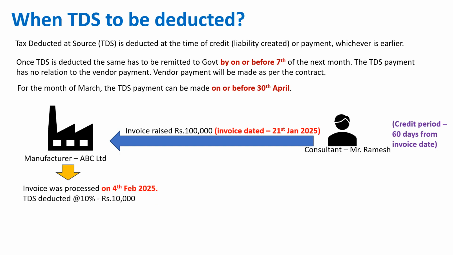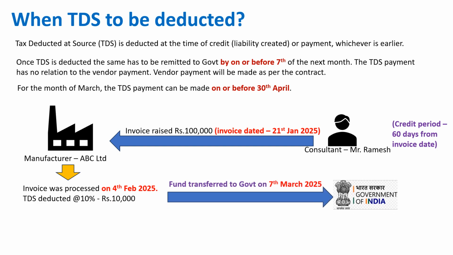So what is the manufacturer going to do? The manufacturer is processing the invoice on 4th of February. Even though the invoice was raised by Ramesh on 21st of January, by the time the business approved it and it came to the finance team, it is processed on 4th of February. And the TDS deducted here is 10%, that is 10,000 rupees, right? Now the question is, when is ABC Limited going to remit this money to the government?